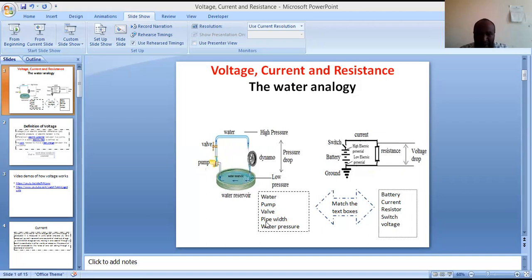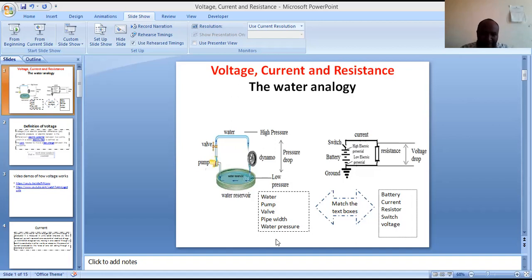The pipe width, if you have a bigger pipe, you have more water flowing through it. In an electrical circuit, what would be an analogy for the width of the pipe? And then we have also the pressure of the water, which would be likened to what in an electrical circuit.